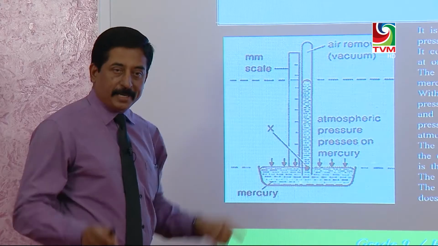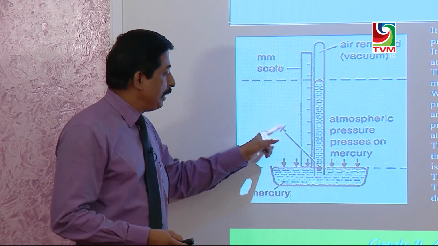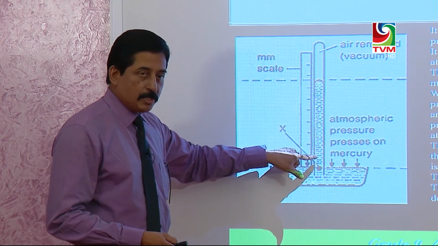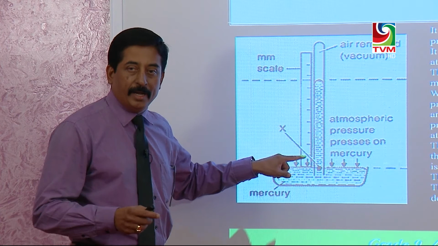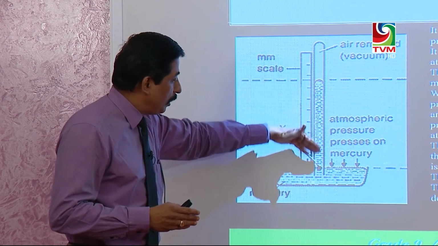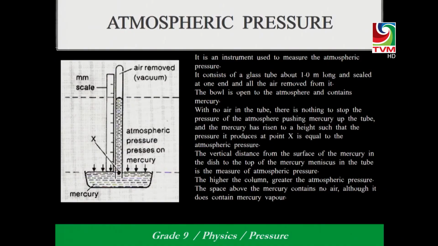If the atmospheric pressure decreases, then this height will come down and again it balances. So, this is the balancing point where both the atmospheric pressure and the pressure due to the liquid column are equal. The space above the mercury column is empty. Sometimes there may be some mercury vapor also present here.